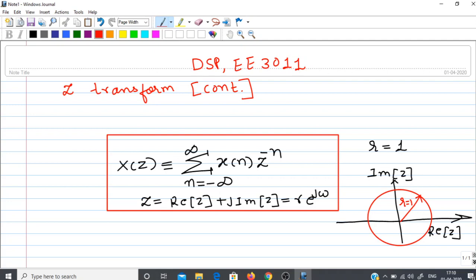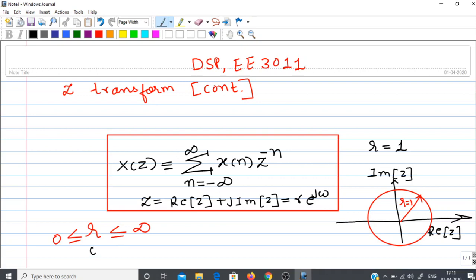So what is the range of this r? Because r is nothing but the radius of the circle, naturally r has to be positive and it can take any value between 0 and infinity. So r lies between 0 and infinity. Similarly, what about omega? Omega is the angle and this angle can vary from 0 to 2 pi, or in other words it varies from minus pi to pi.